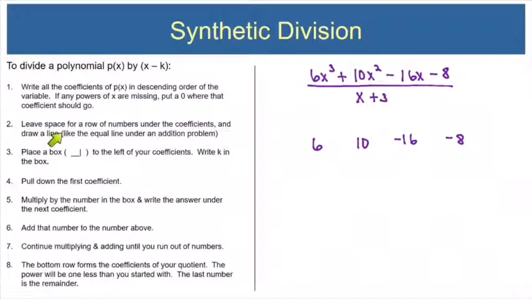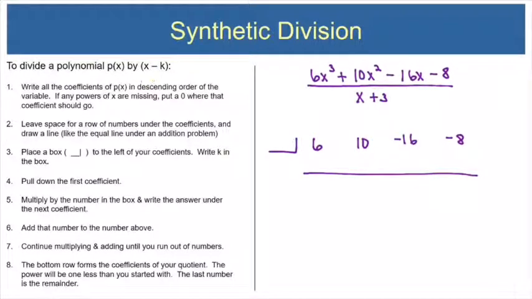Okay, now step 2, leave space for a row of numbers under the coefficients and draw a line like the equal line under an addition problem. So make sure to leave yourself a blank row here, and then you can draw that line there. And now you can draw your box to the left of the coefficients, and it says write k in the box. Now remember, we have to be dividing by x minus k, but this says x plus 3.